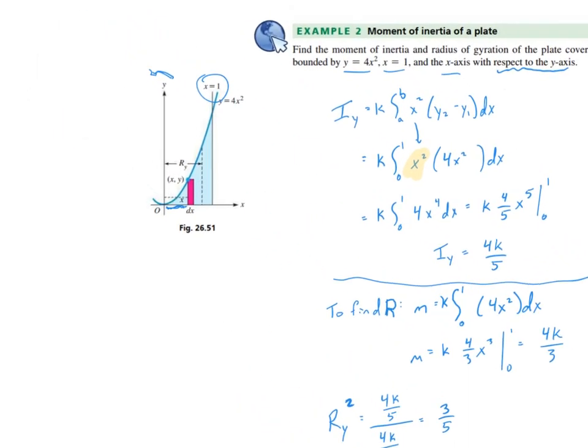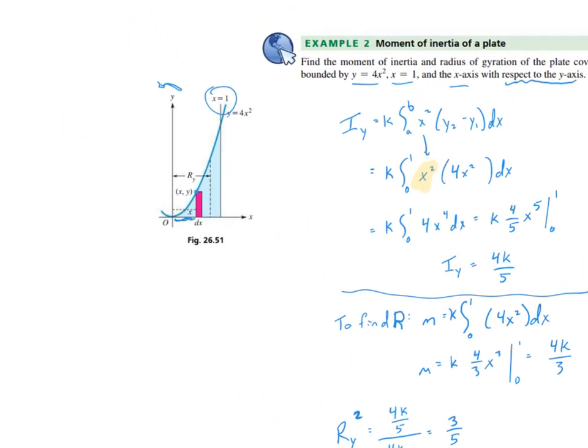Okay, so what does that mean? Let me go back to my picture here, right? This whole plate exists between 0 and 1. This thin plate is what we're calling it. If all of the mass here were located at 0.775, so where would that be? If this is 1 right there, 0.775 might be right about there.